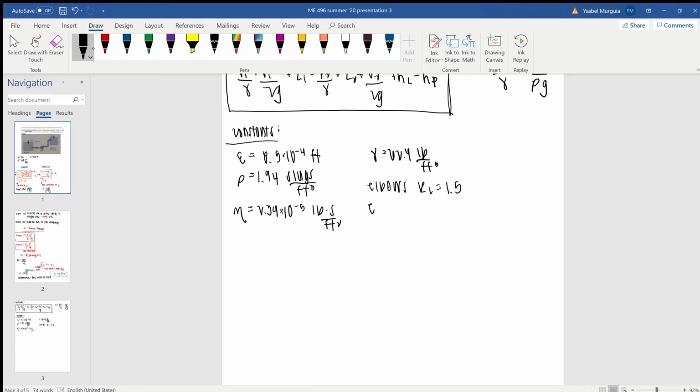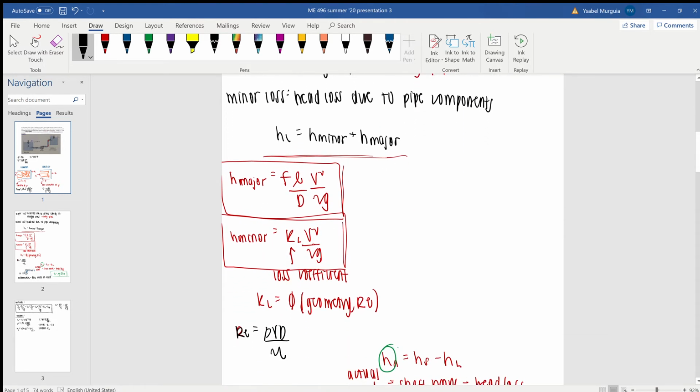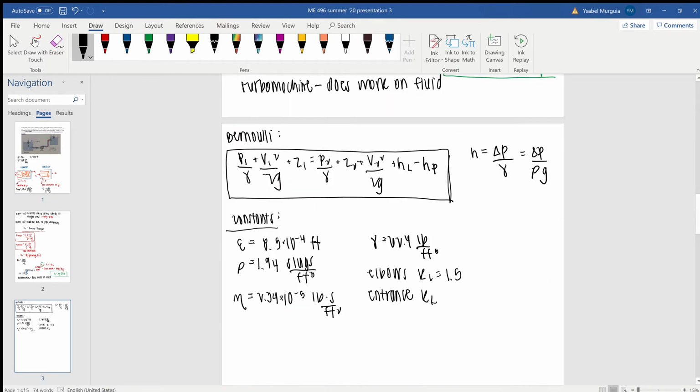For the pipe entrance, in tank 1, we are going from this large tank into the pipe, so that is the entrance to the pipe. The pipe exit is when we enter tank 2, where we are exiting the pipe. That is what I mean by entrance and exit.